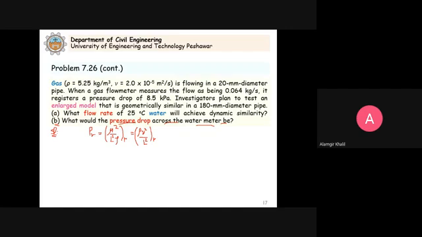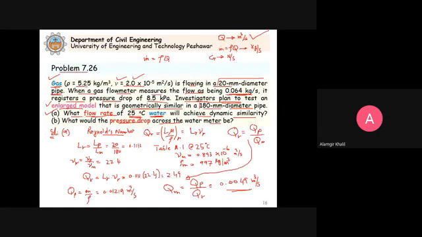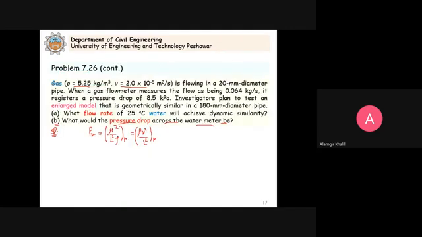So now you can easily calculate. You see we have the density for the prototype, we have the density and everything for the model. So you can easily calculate, just put the values here, everything is known. You put the values, this comes out to be 214.